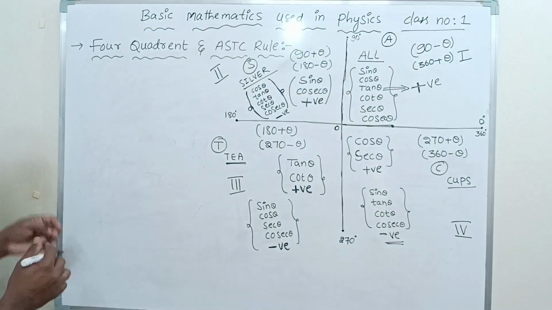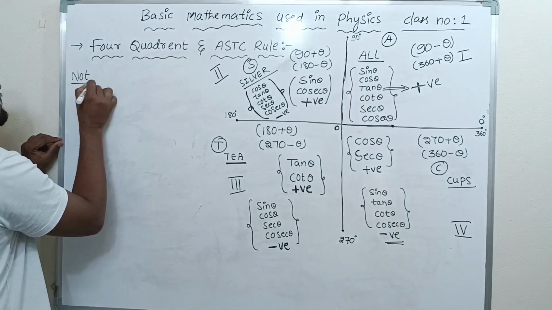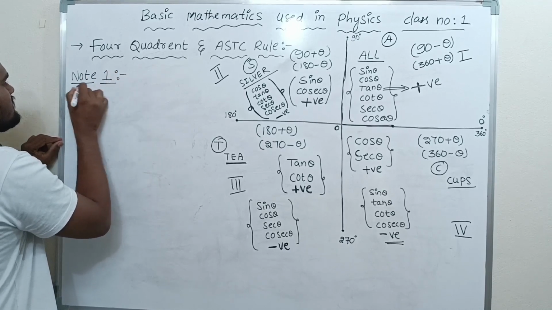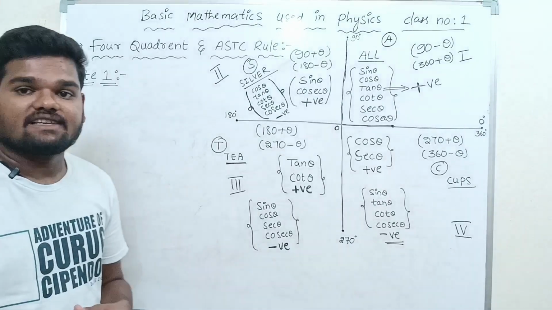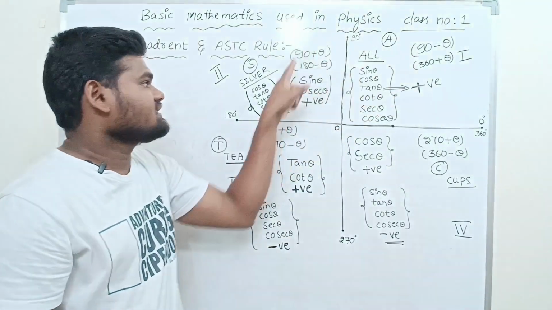Okay. Now I'm going to write the standard formulas of trigonometric functions in our note number 1. So how the signs of sin, cos, tan theta will change at these degrees. Note number 1.